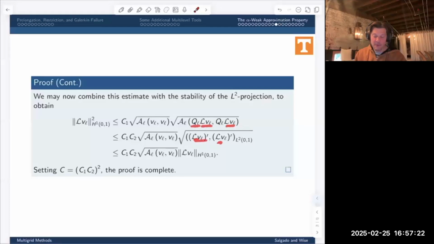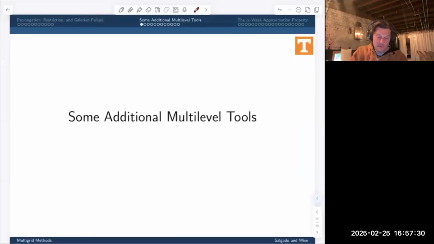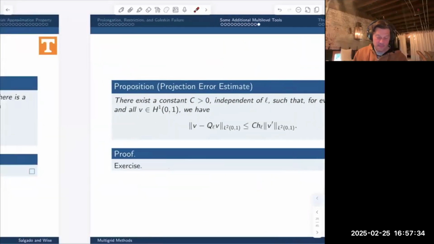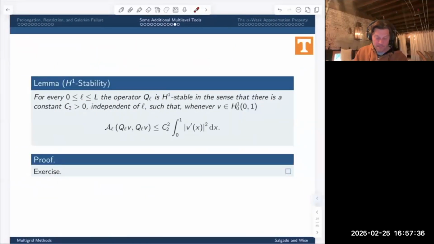So let's see if I can find that. Right here. There we go. It's that statement right there. What I'm essentially using here is the H1 seminorm. This is the H1 seminorm squared, but that's fine.